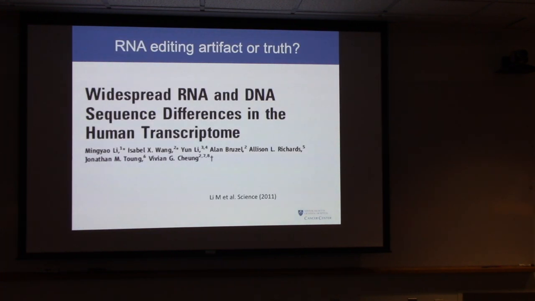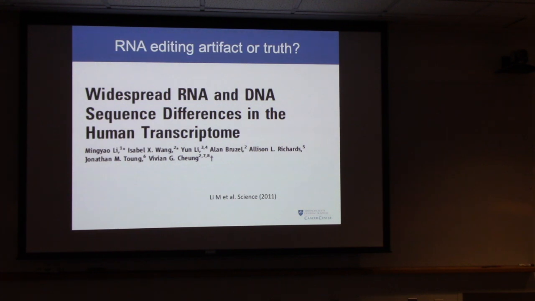One example of this is a very interesting paper, and again, I'm not trying to say that this was a bad paper, but what they were looking for were RNA and DNA sequence differences in the human transcriptome. So they took RNA and DNA from the same sample and sequenced them.